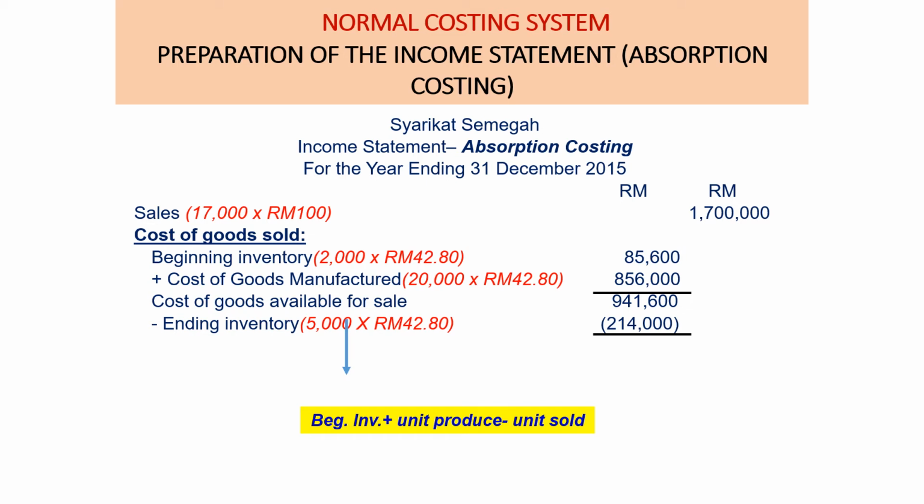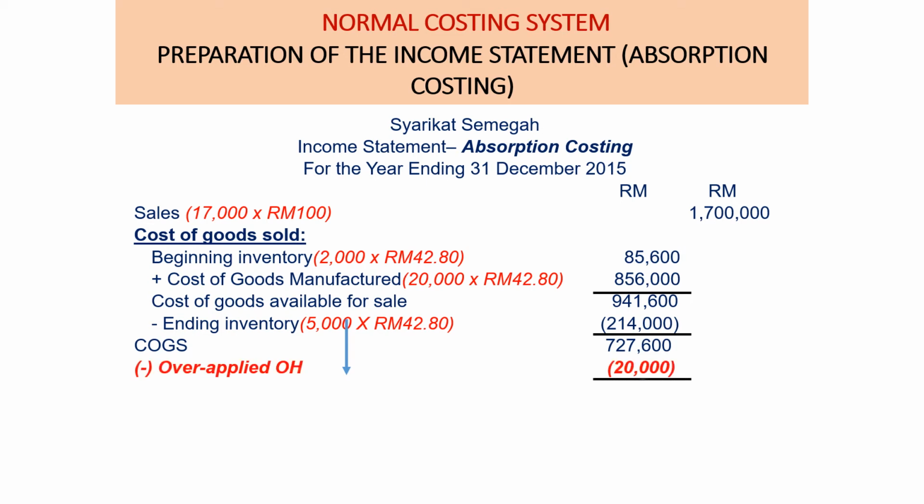Okay, ending inventory comes from the beginning inventory plus units produced minus units sold. Then you get cost of goods sold 727,600, and then you have to minus over applied overhead 20,000.